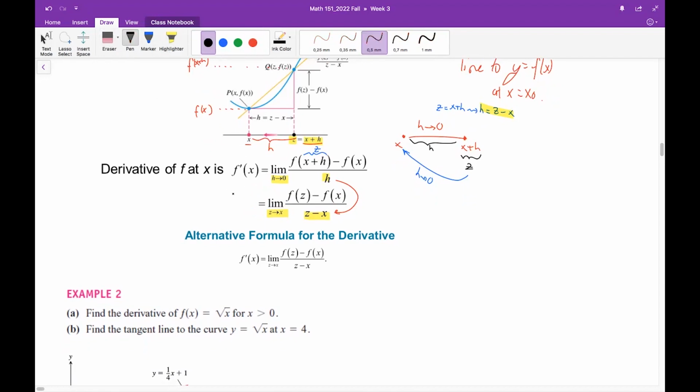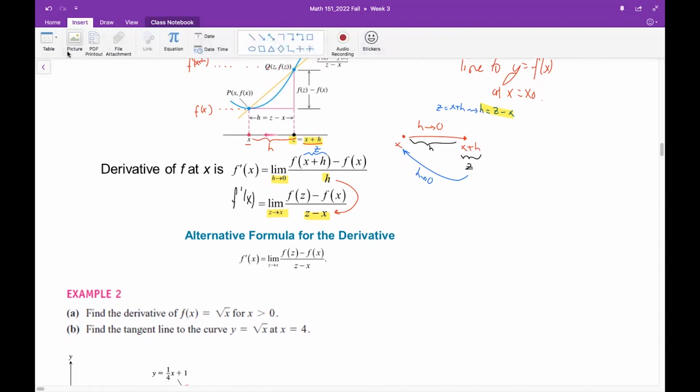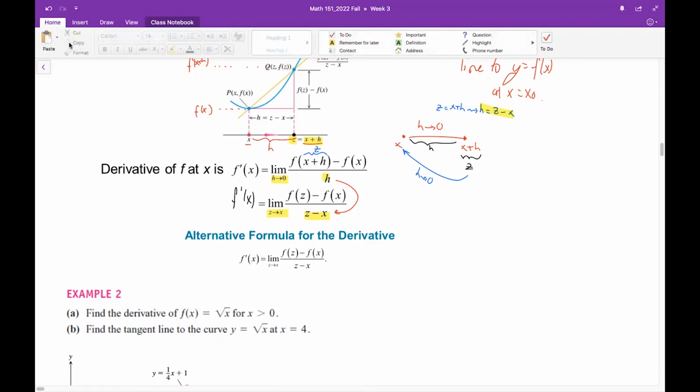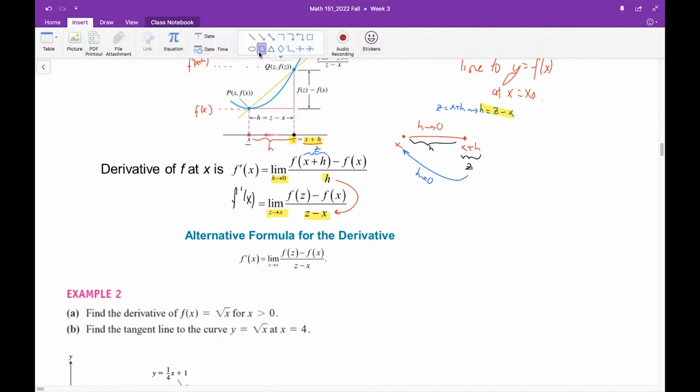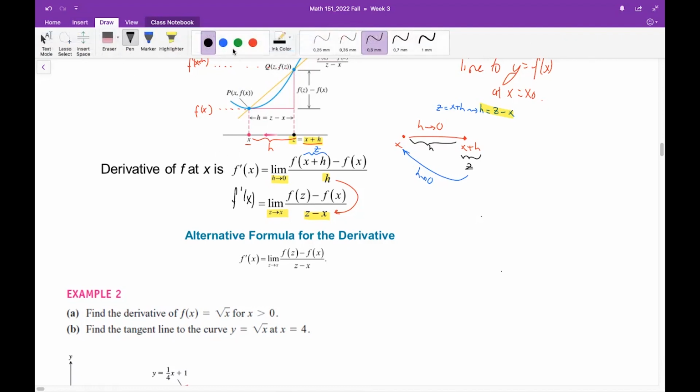And so I can write here again f prime x. So we have two different expressions stating the same thing. Let me put some boxes around them. Okay, so I want to emphasize them by putting them inside boxes like this.